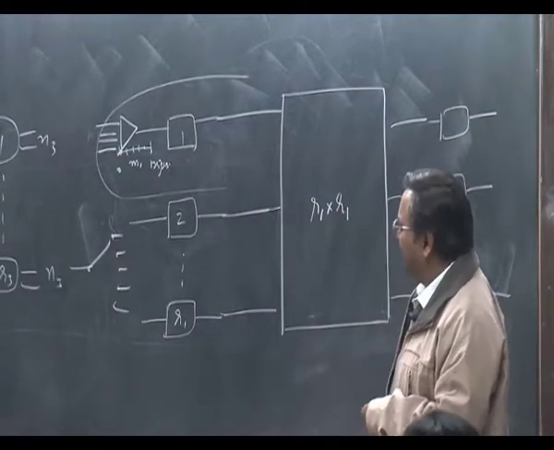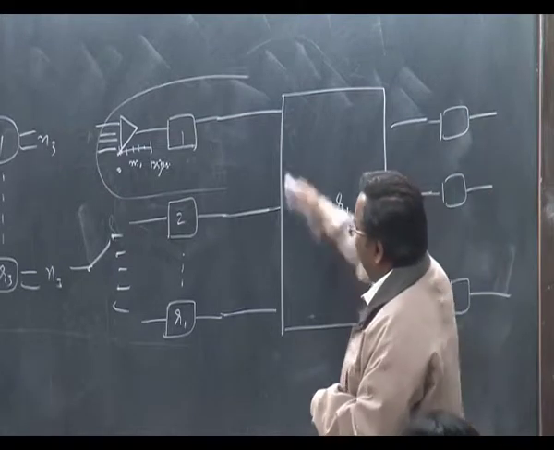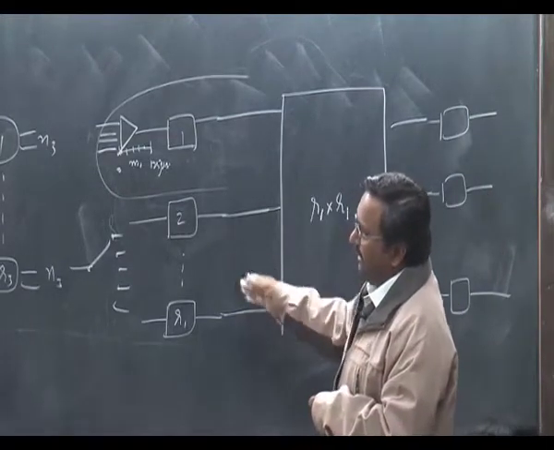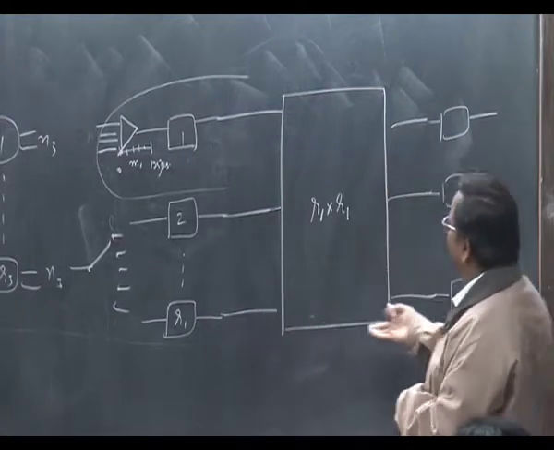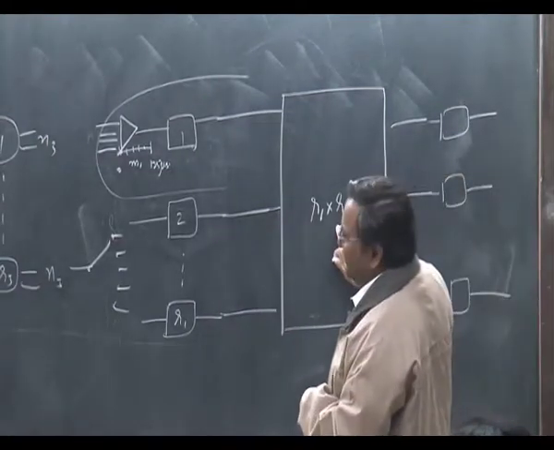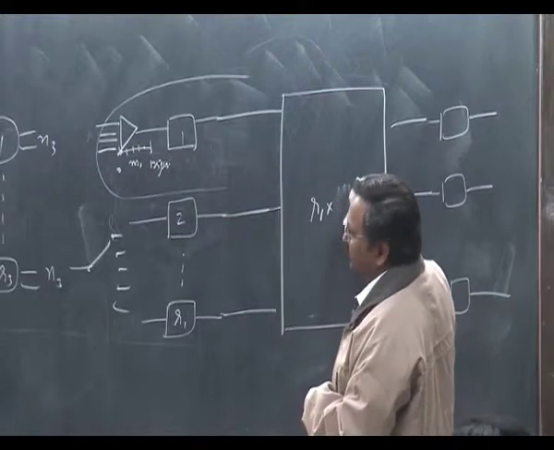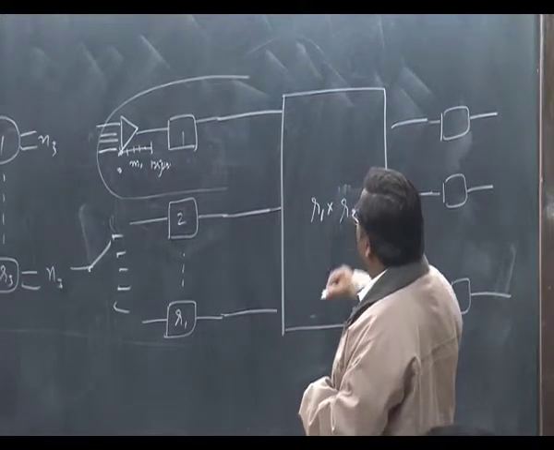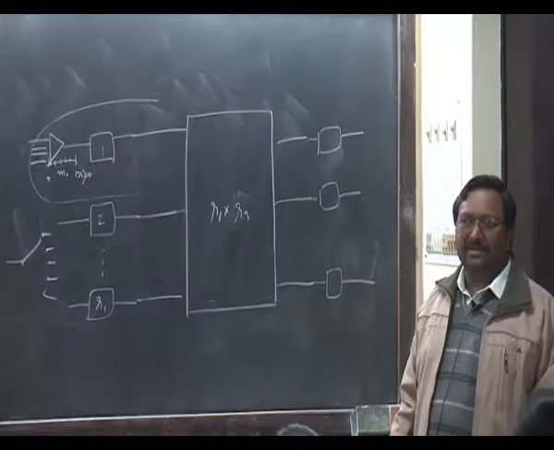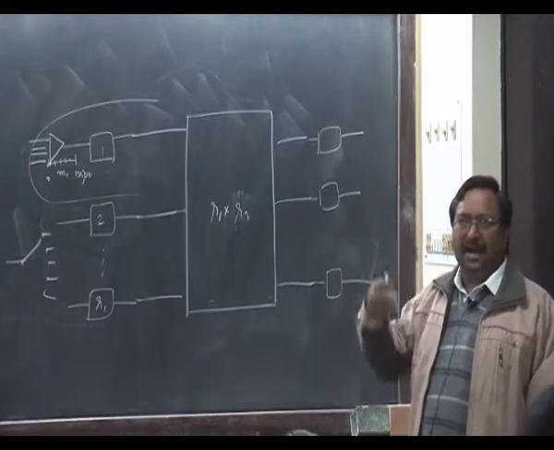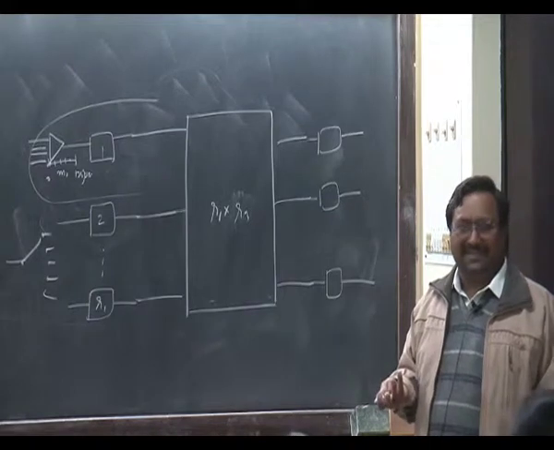R1 by... because the R1 inputs are there, M2 is equal to R1, and N2 is equal to R3. So this will be an R1 by R3 switch technically. Instead of having R2 switches, I have only one switch.